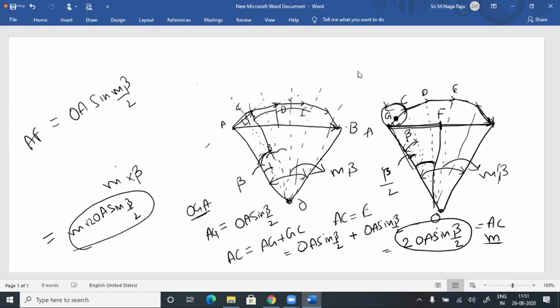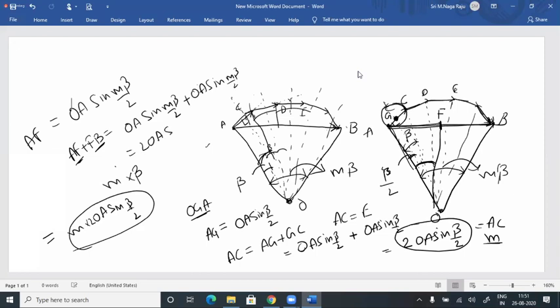Now, what is AB? AB equals AF plus FB. We have AF equal to OA sine M beta by 2 plus FB, which is equal to AF because both vectors are equal in length. So FB also OA into sine M beta by 2.